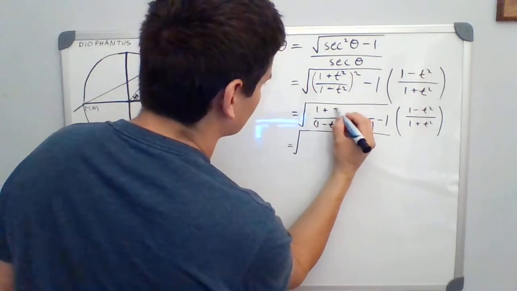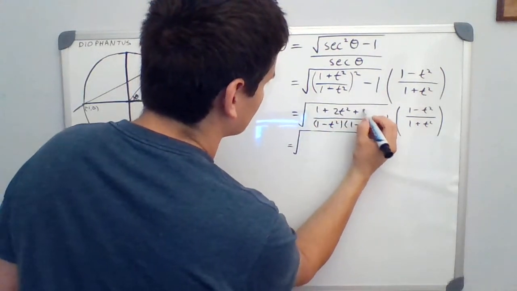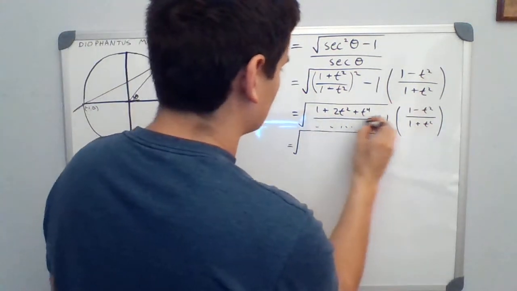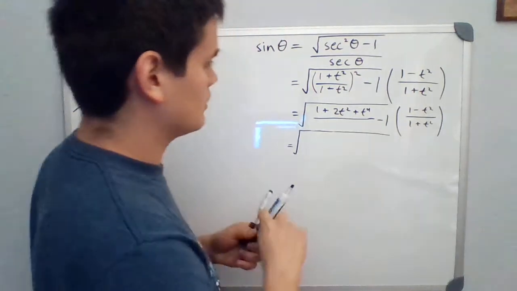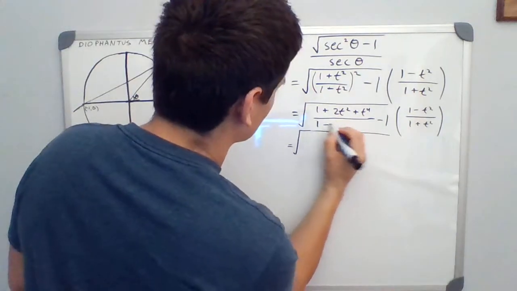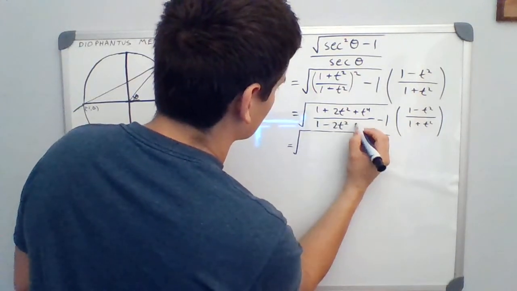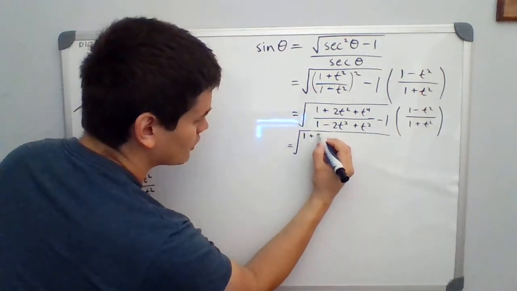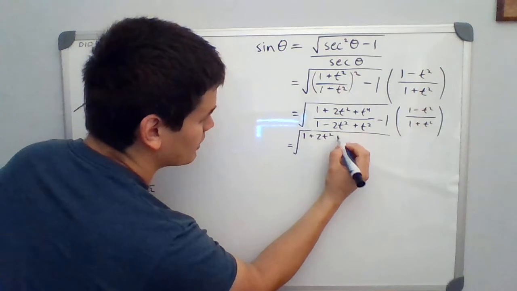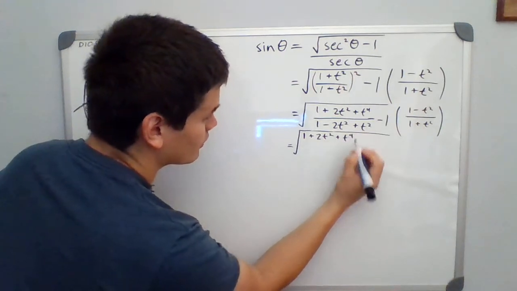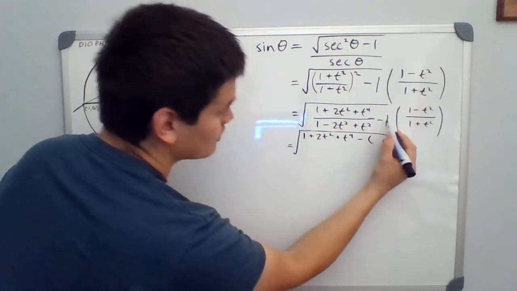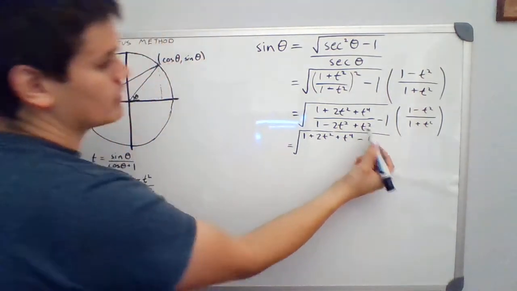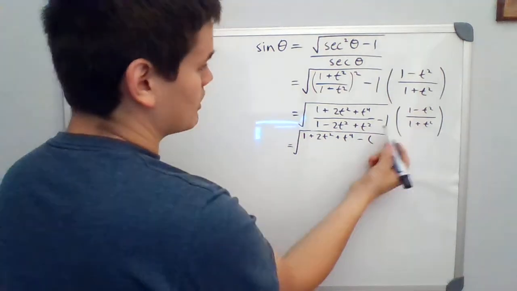So 1 plus 2t squared plus t to the 4th, and then 1 minus 2t squared plus t to the 4th. Okay, so this is going to end up being 1 plus 2t squared plus t to the 4th, and I'm subtracting 1, so I just have to make that into the denominator here, the same in the numerator and the denominator.